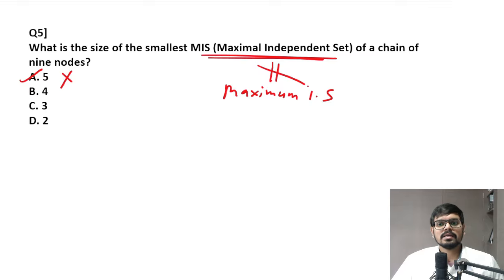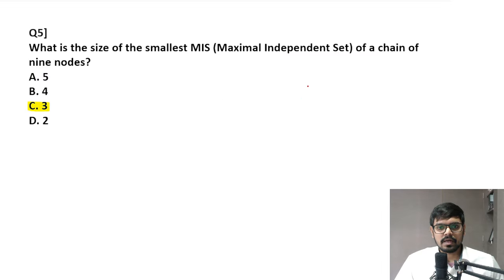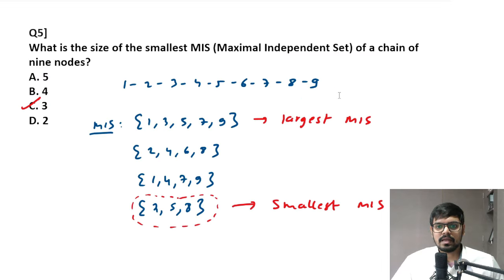Maximal independent set is different, maximum independent set is different. Do not get confused. If you remember the lecture, if you have revised it, then you know very well that we can take an example and work on it. So I'm taking an example. This is my 9 nodes like a chain, and I can create various MIS. One of them is alternate players from 1: 1, 3, 5, 7, 9.